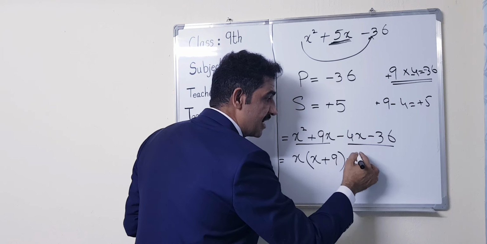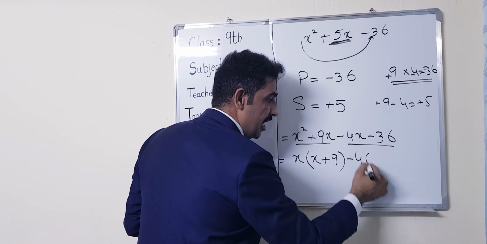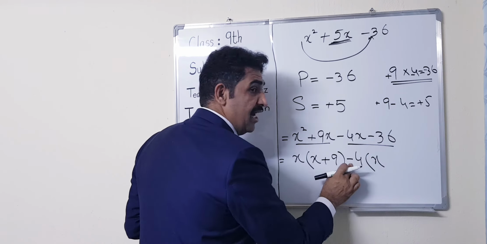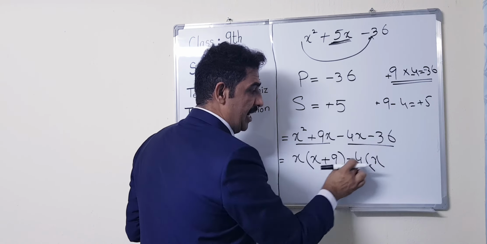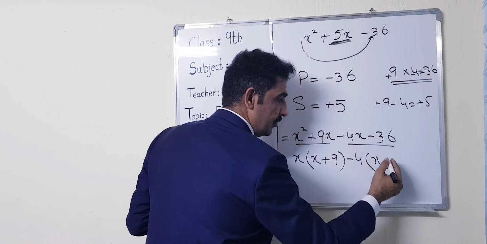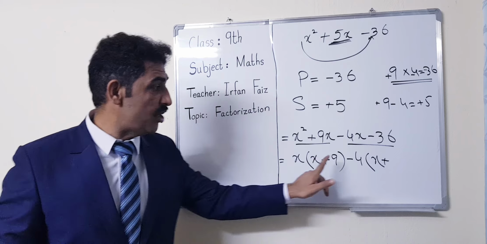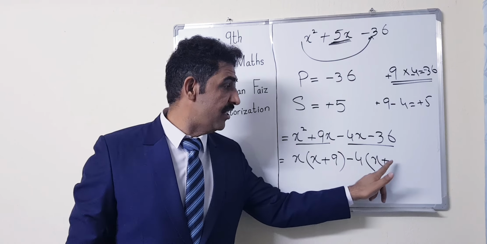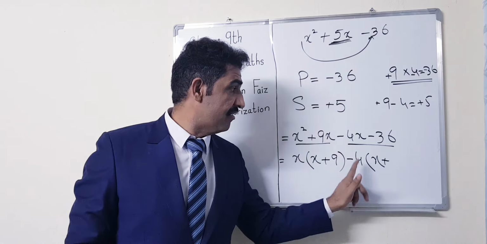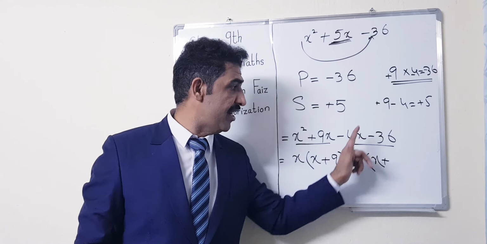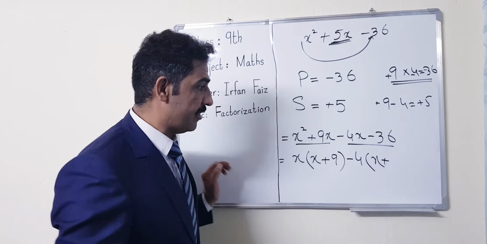So 4 is common in both terms. So here x remains. When you take the negative sign common, the sign inside the bracket will be changed. If you write the same sign, it will be wrong, because when you open the bracket, minus into minus gives plus. That's why you have to change the sign inside the bracket when taking the negative sign outside.